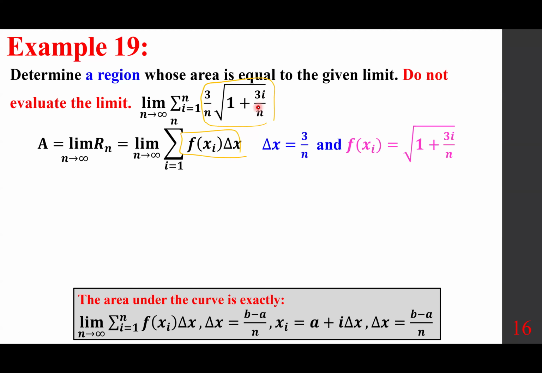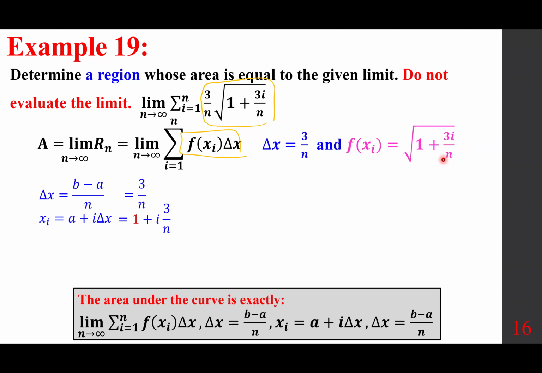All right, so let's write these two. We know delta x is b minus a over n, and x sub i is a plus i delta x. We know that. And we also know that delta x is 3 over n. A plus i delta x seems to be 1 plus 3i over n. So we are comparing and contrasting and coming up with the answer.